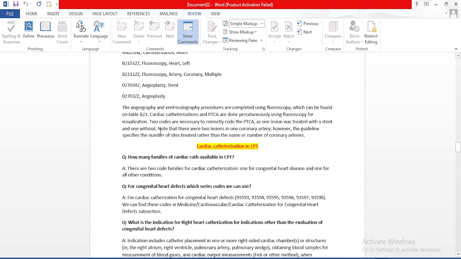Two codes are necessary to correctly code the PTCA, as one lesion was treated with a stent and one with only angioplasty. Note that there were two lesions in one coronary artery. However, the guidelines specify the number of sites treated rather than the name or number of coronary arteries.